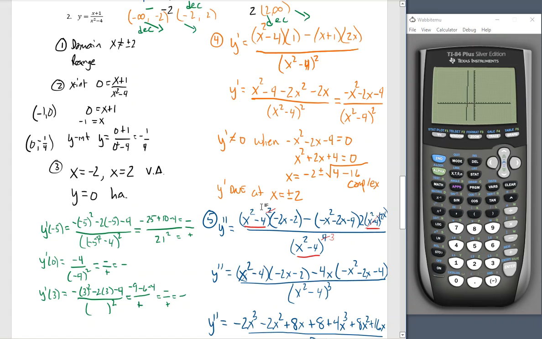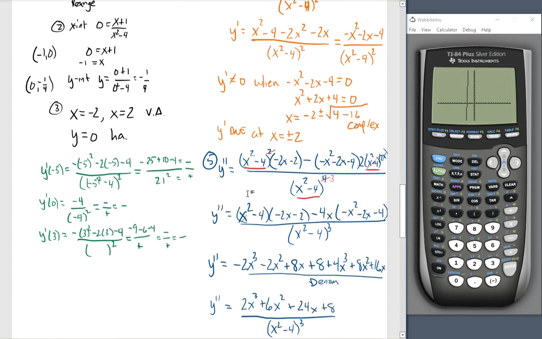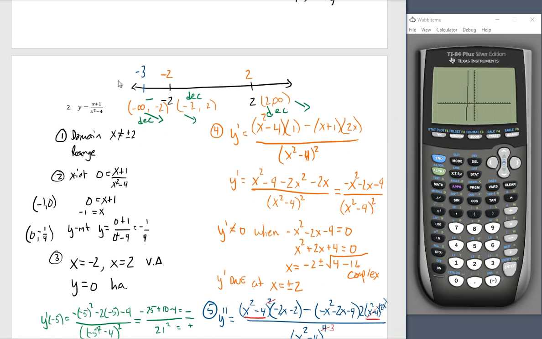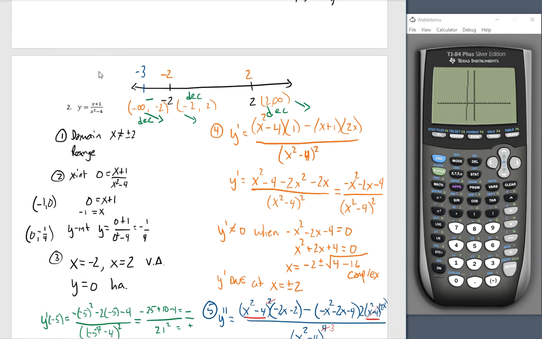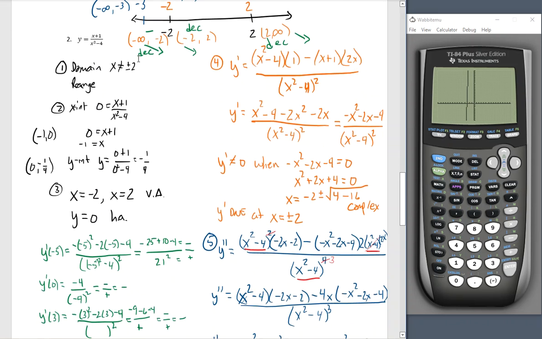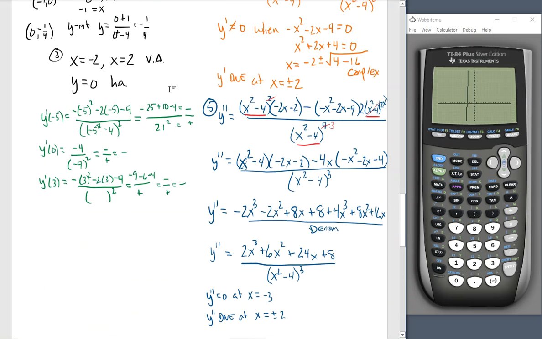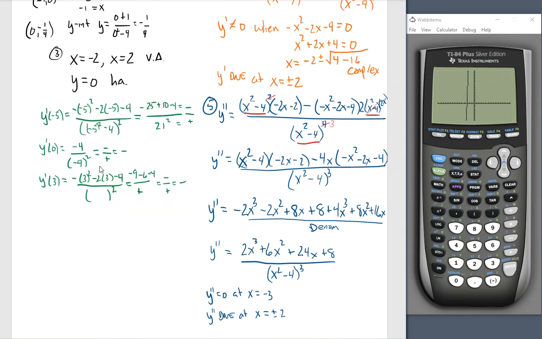Well, we also have some concavity issues. We want to look at the intervals from negative infinity to negative 3, and then from negative 3 to infinity. For concavity, let's use a test value in our second derivative.